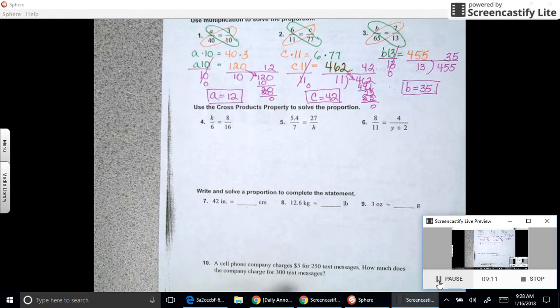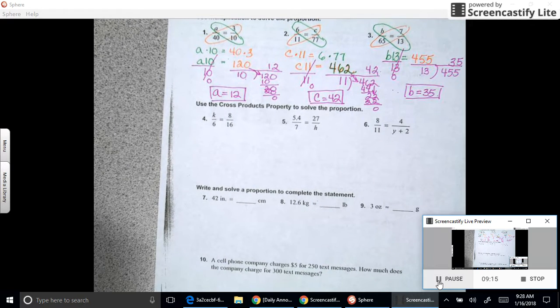All right. Let's try question 4. So here, again, we're going to use cross multiplication.